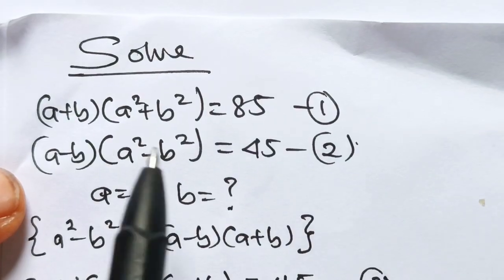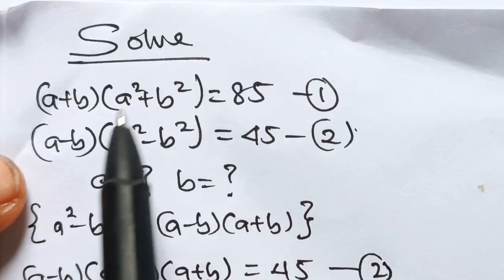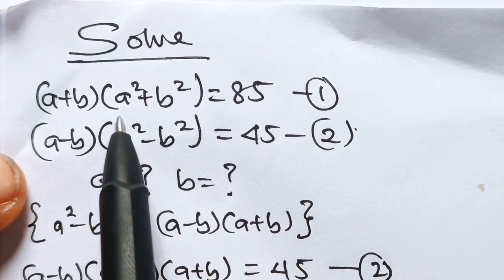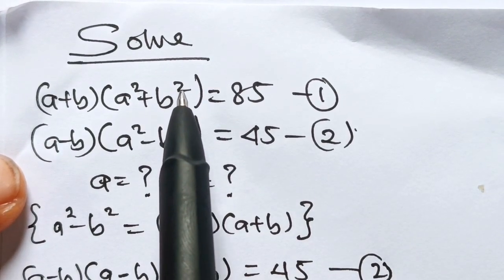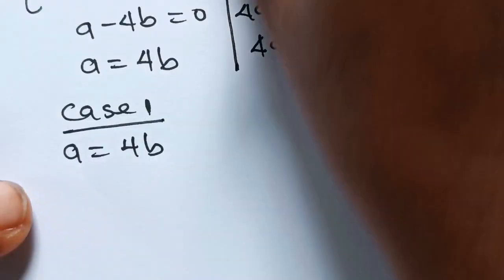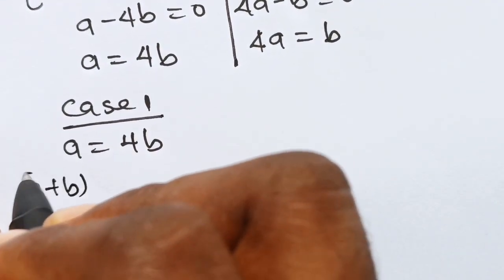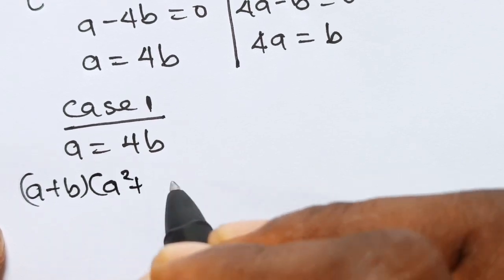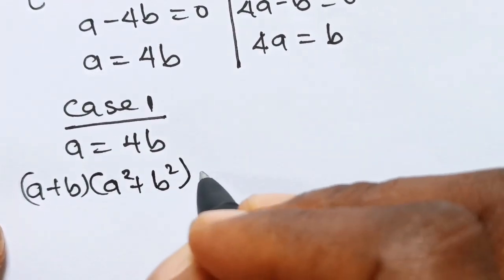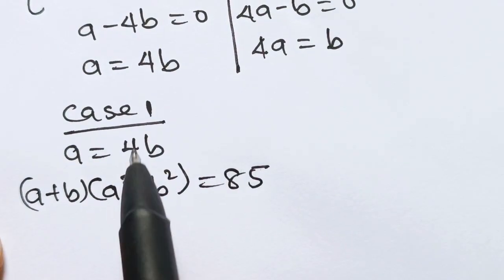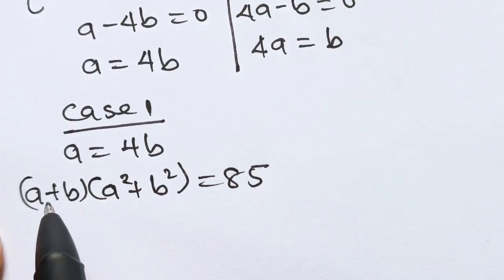Now I want us to remember the first equation. This first equation states that (a + b)(a² + b²) is equal to 85. So we're going to substitute a into this part.